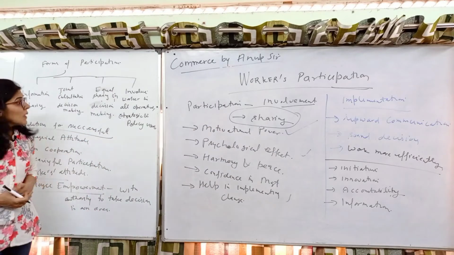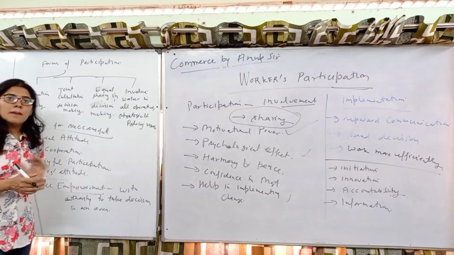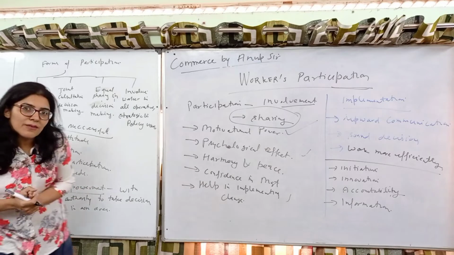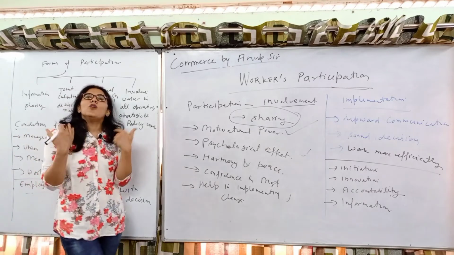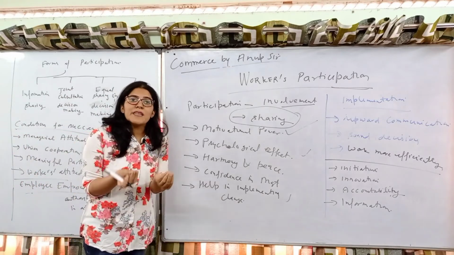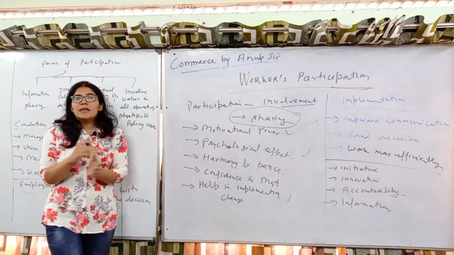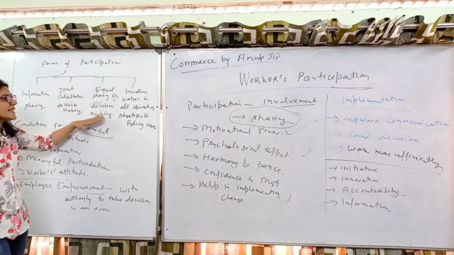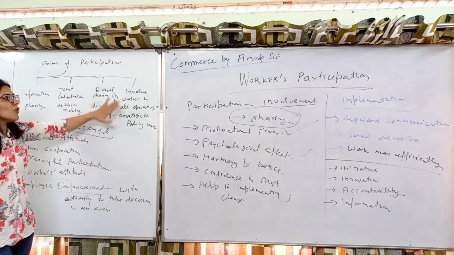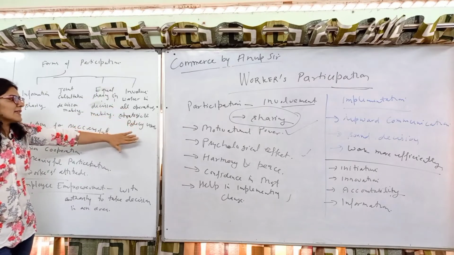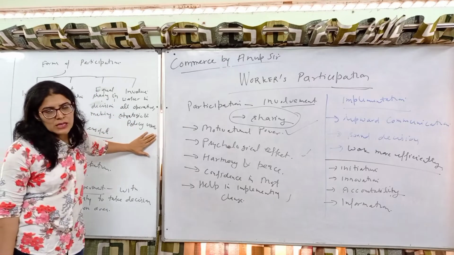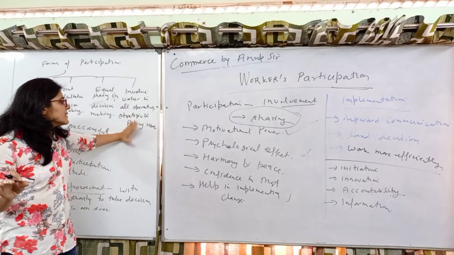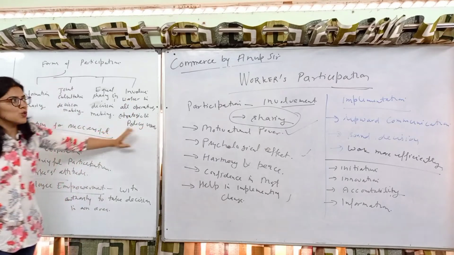Next is forms of participation, means how we can participate workers in the decision making, in management. So there are 4 forms of participation: information sharing, joint consultation decision making, equal sharing in decision making, and involving workers in all the operative, strategic and policy related issues.